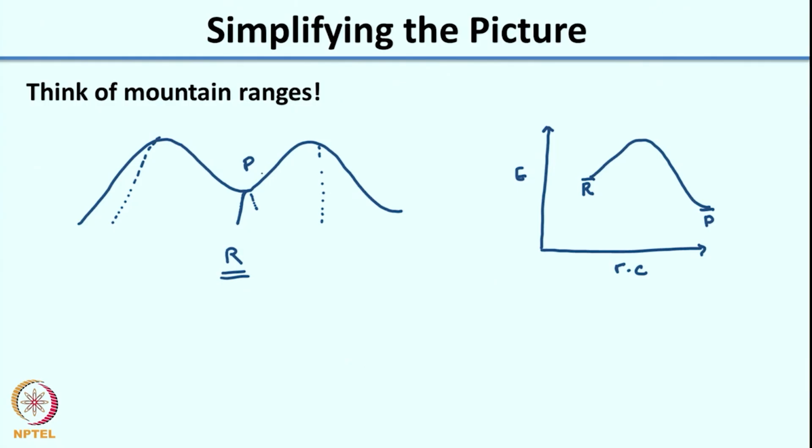So, this would be the surface and this would be the reaction coordinate diagram. What you need to understand is that what actually looks like a valley on your potential energy surface would be your hill in a reaction coordinate diagram. So, this point is also called the saddle point.